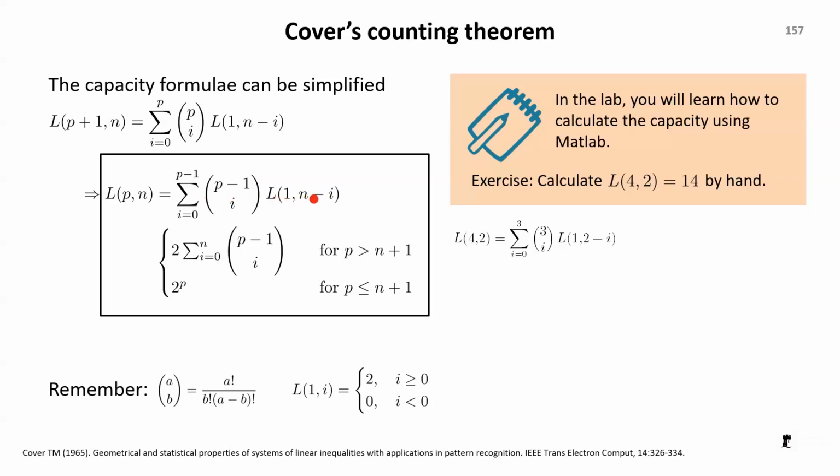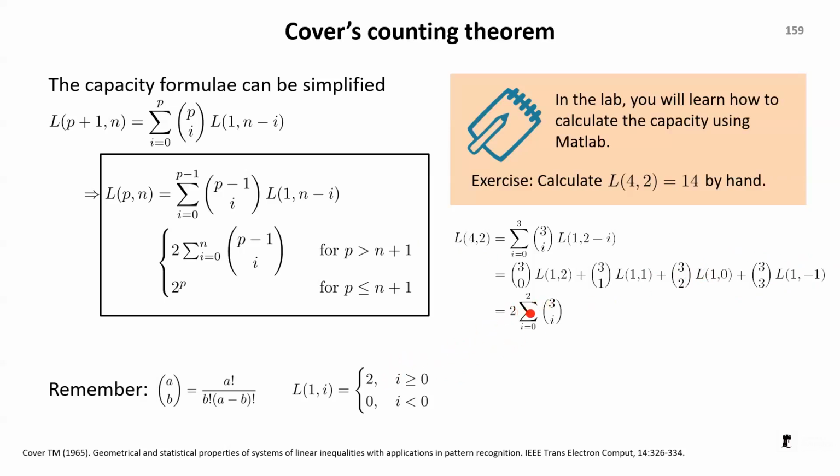And I need also to compute L1 for N equal 2 for various i. I expand this. And then remember this boundary condition. Anything that is less than 0 is 0. So this is 0. And then everything here is equal to 2.